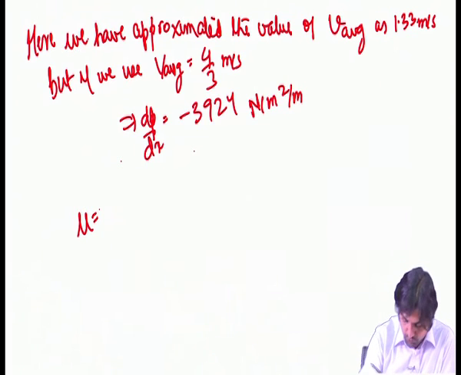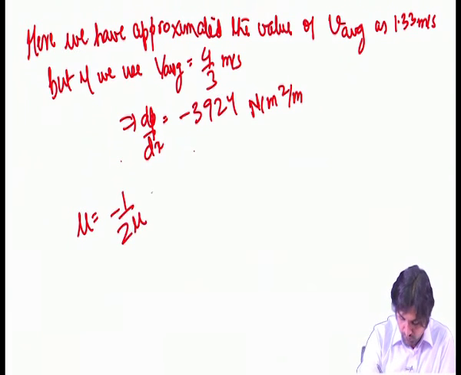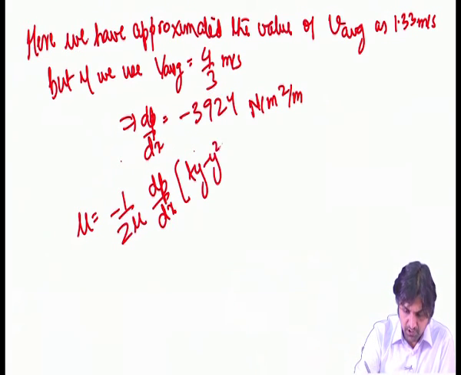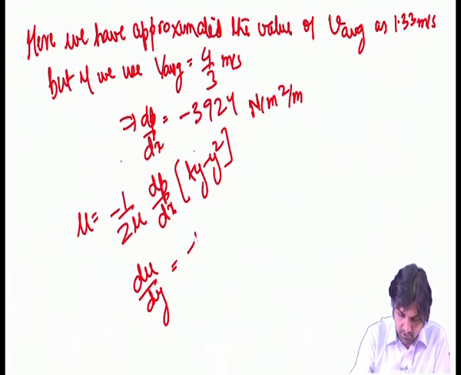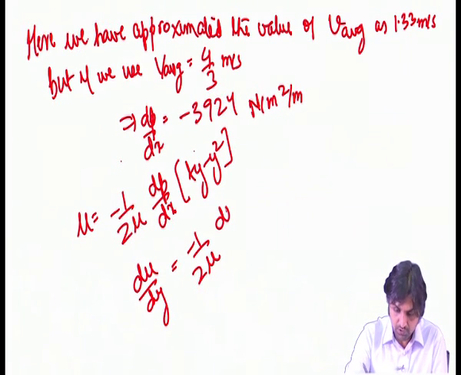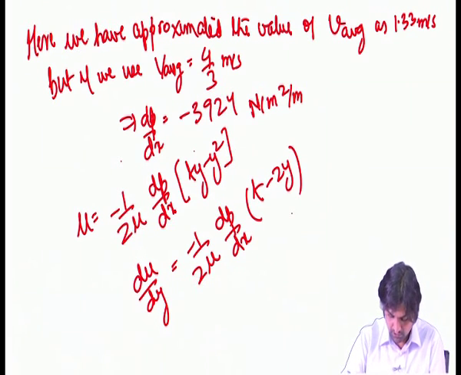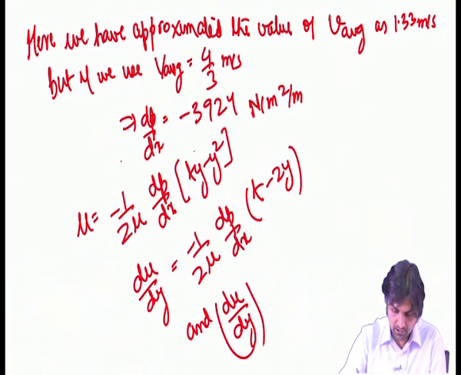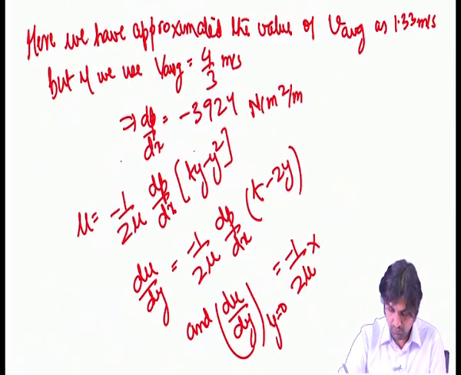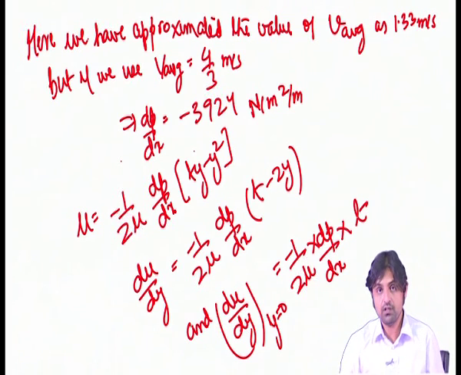So, now we know that U is minus 1 by 2 mu dp dx into ty minus y square. So, du by dy will be minus 1 by 2 mu dp dx t minus 2y, and du by dy at one plate will be equal to minus 1 by 2 mu into dp dx into t.